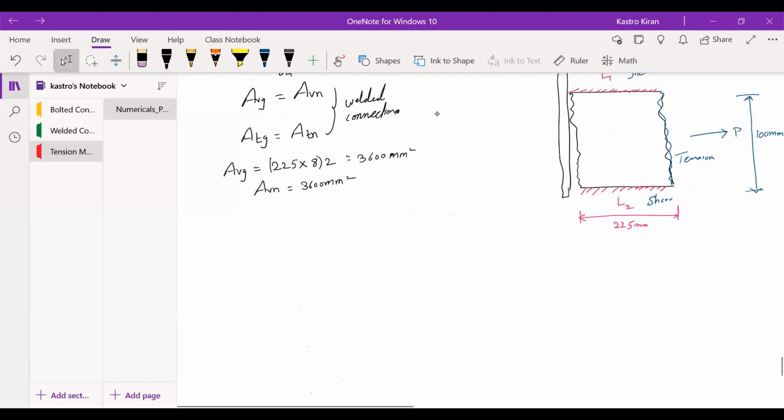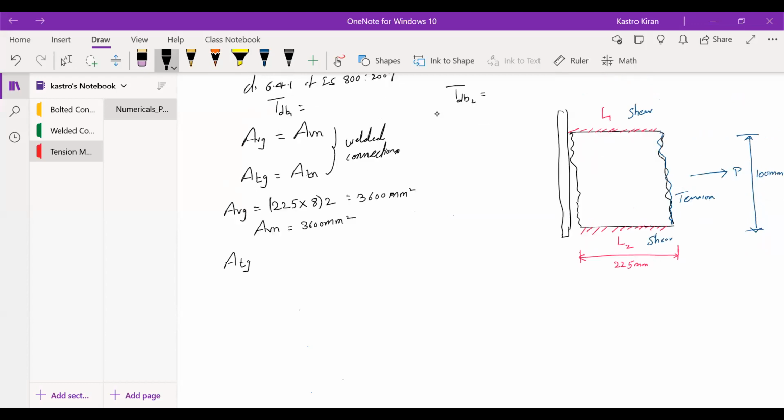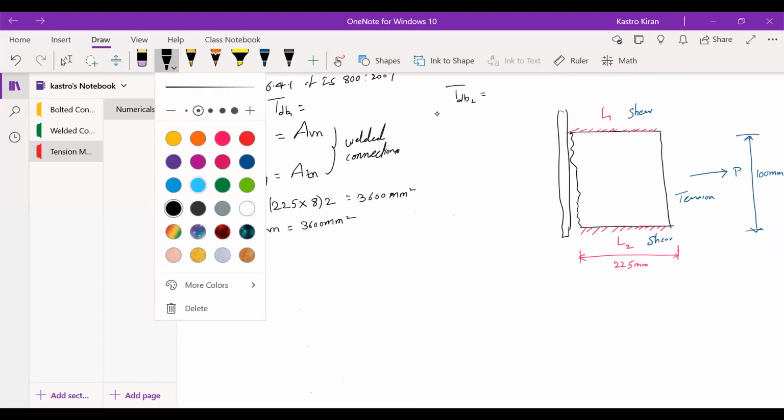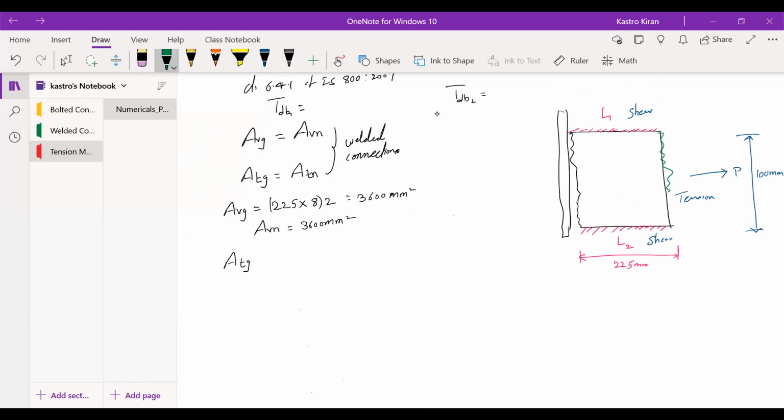And the other thing is we have to solve for ATG, which is gross area in tension. This is the tension plane, the one which I'm drawing. I'll draw with another scale so that you will identify clearly. So this is the tension plane, the face where the load is being applied.